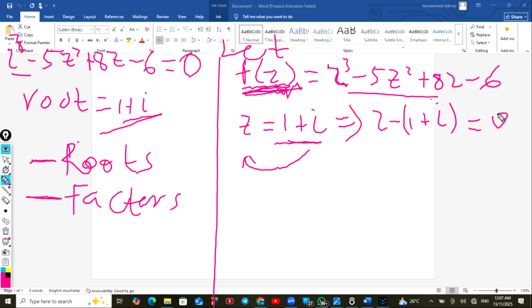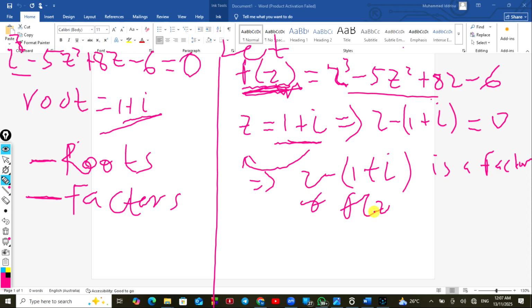So that implies z minus (1 plus i) is a factor of f of z.